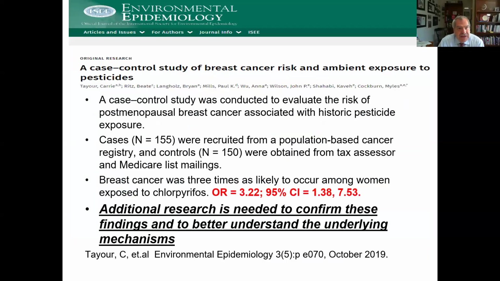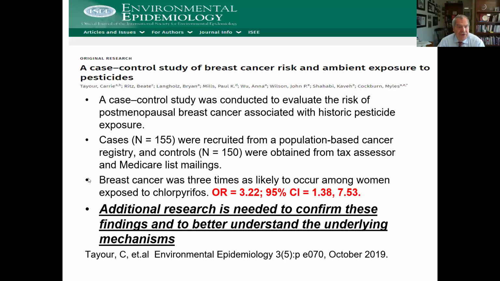This one was in environmental epidemiology, and it was looking at breast cancer risk and exposure to a pesticide. This was a case control study to look at the risk of postmenopausal breast cancer associated with a historic pesticide exposure.